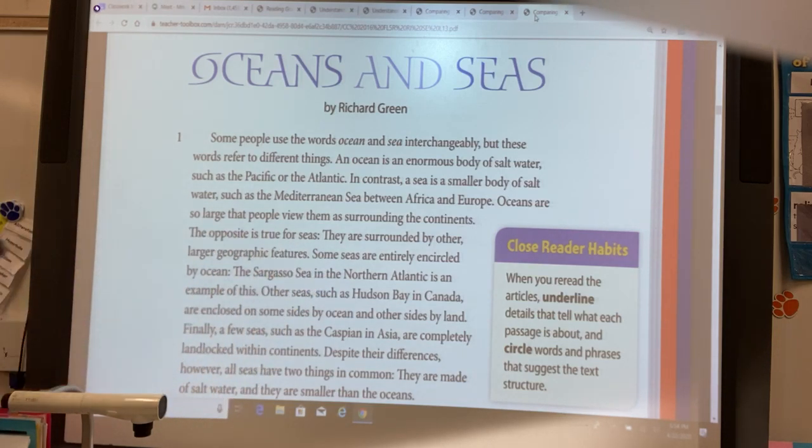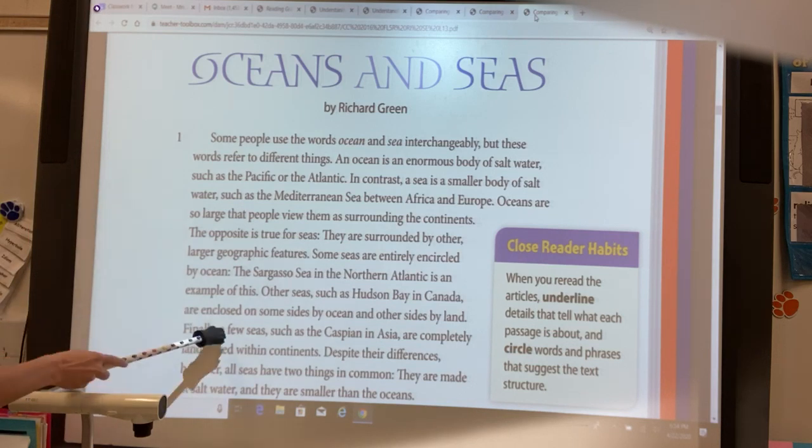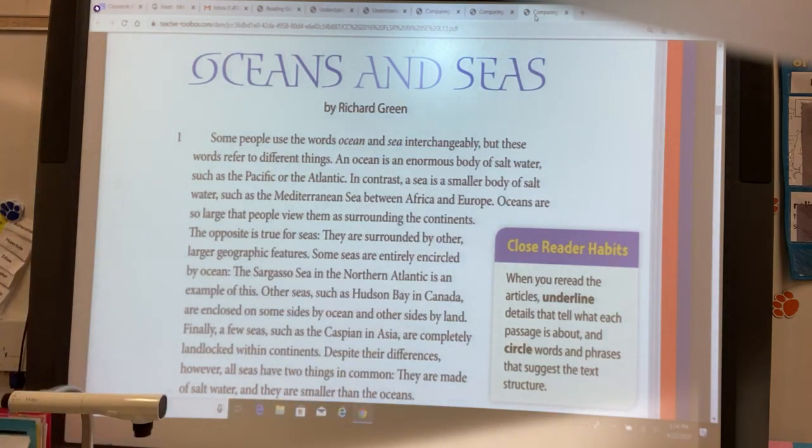Some, other, a few, and then two things in common. Can you figure out, take a second to figure out, what's the text structure here? How is the author organizing his text here based on those clues that we just found?